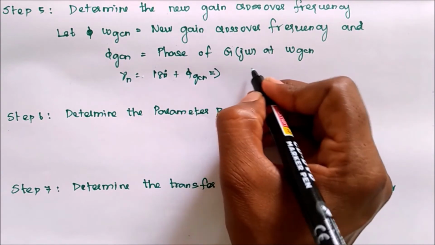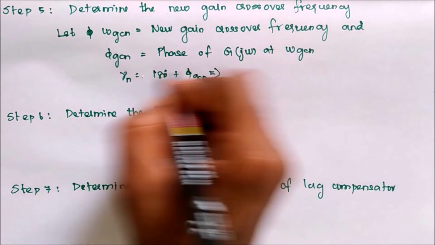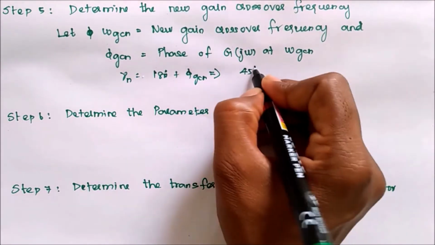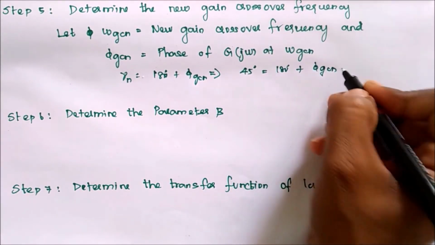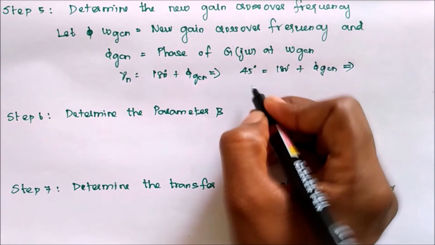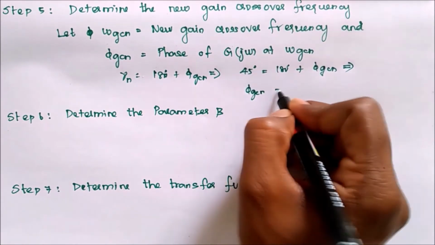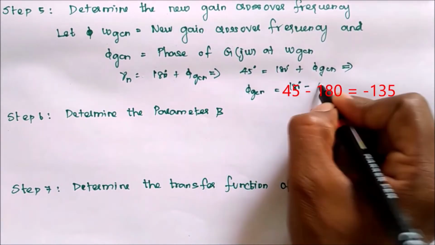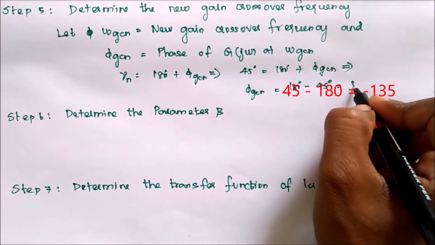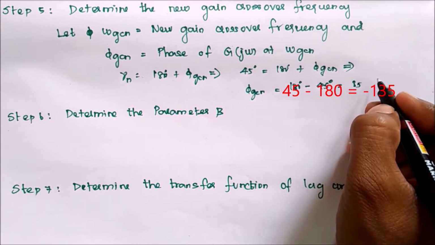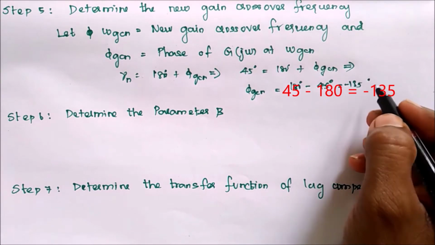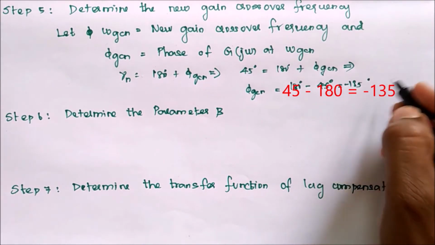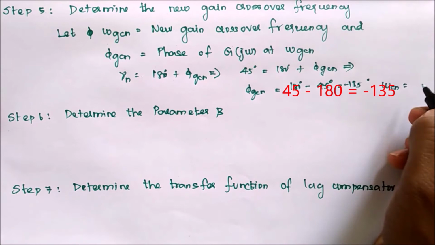Therefore gamma n is 45 equal to 180 degree plus phi gcn, so phi gcn equals 45 minus 180 degree, which is minus 135 degree.